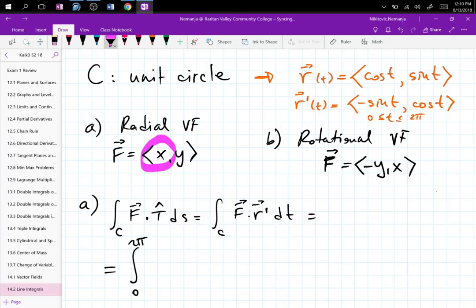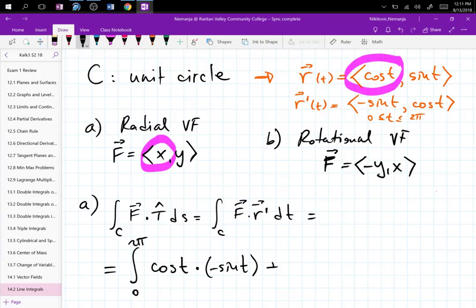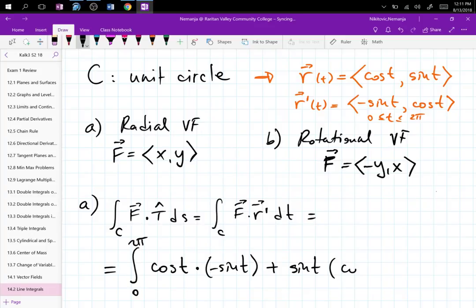So x is given with x component, so that's going to be cosine t times, and now we need dx, which is negative sine t, plus, then we do the y is sine t, times the r prime cosine t, and all of that dt.